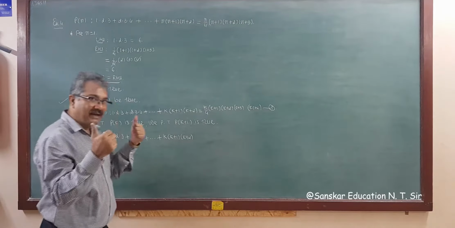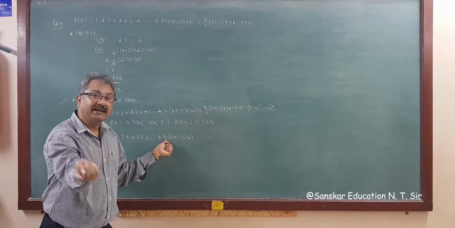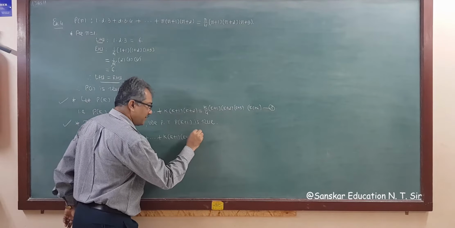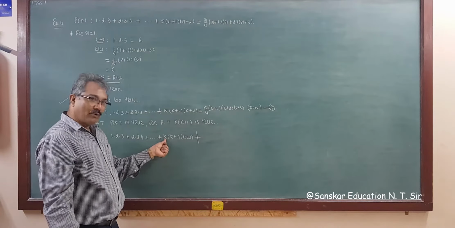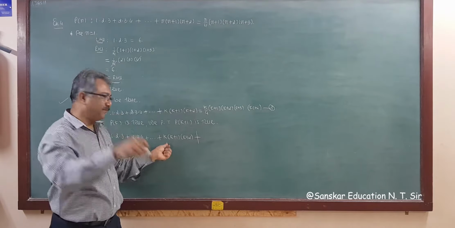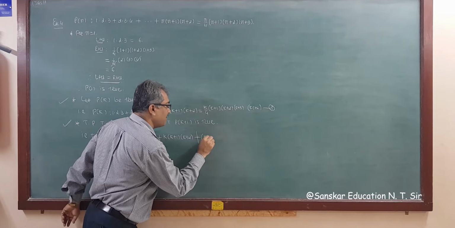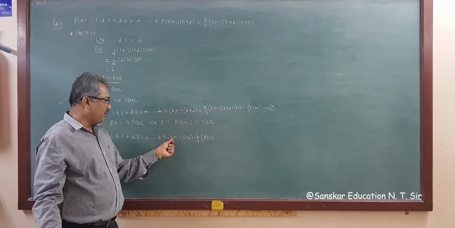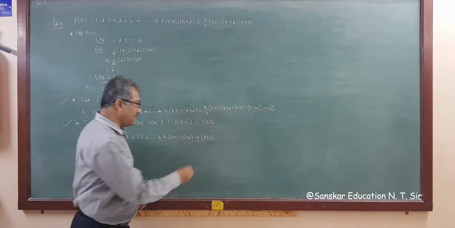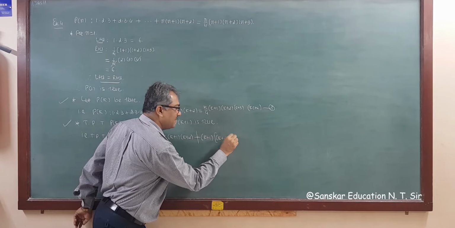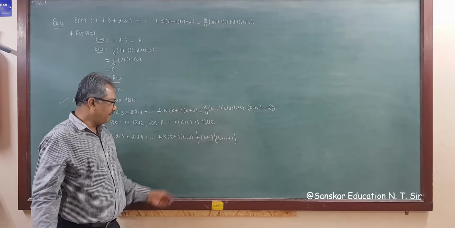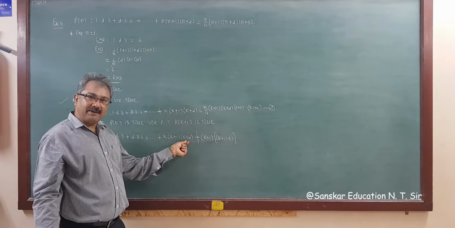Now replace k by k plus 1. So I am putting a plus sign. Plus, now k replaced by k plus 1. So this is k plus 1. Now if we replace k by k plus 1, this becomes k plus 1 plus 1. पता चलता है आपको? Now replace k by k plus 1.